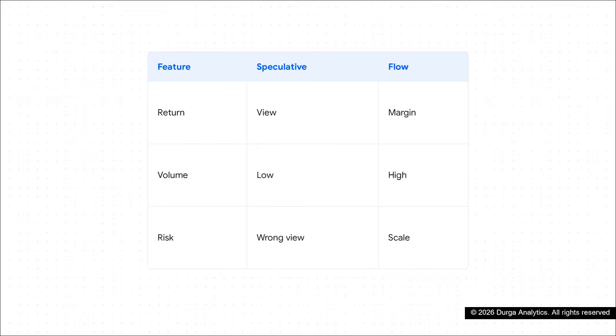If you fail in speculation, it's a huge loss on a known position, because your view was just flat out wrong. But if you fail in flow, it's death by 1,000 cuts. It's many small losses on positions nobody even examined, driven by operational error at scale. So, applying a speculative control profile to a flow book leaves this massive, incredibly dangerous gap.